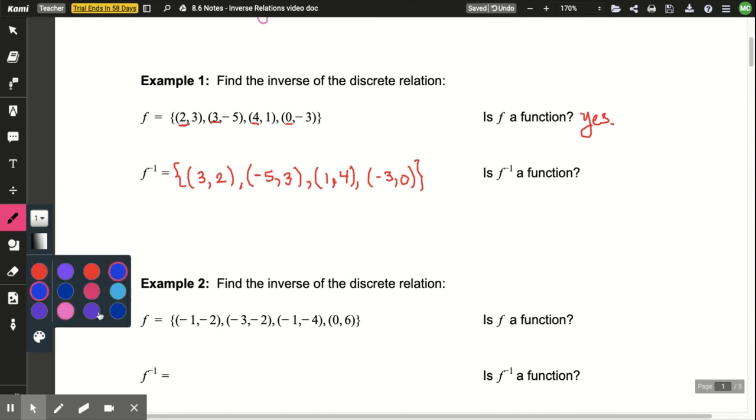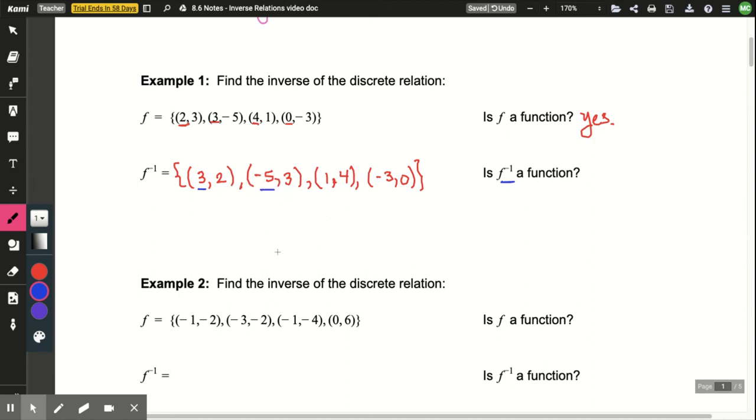And then once again, we're asked to determine whether or not f inverse, this notation means f inverse, is a function. So once again, I'm going to look at each of the x values and make sure that it's assigned only one y value. My first x value is a 3. I go through and look, and none of the other x's are 3s, so that 3 is assigned a y value of 2 only.